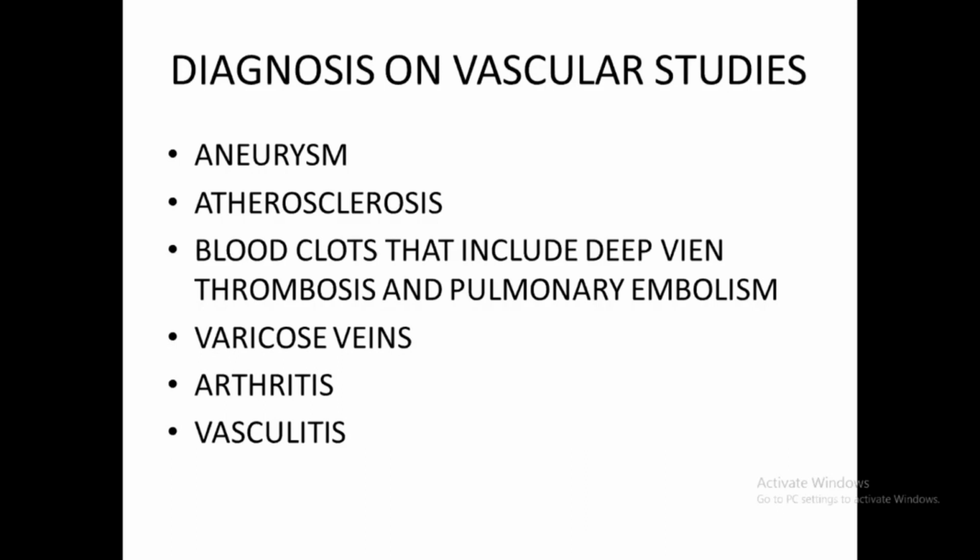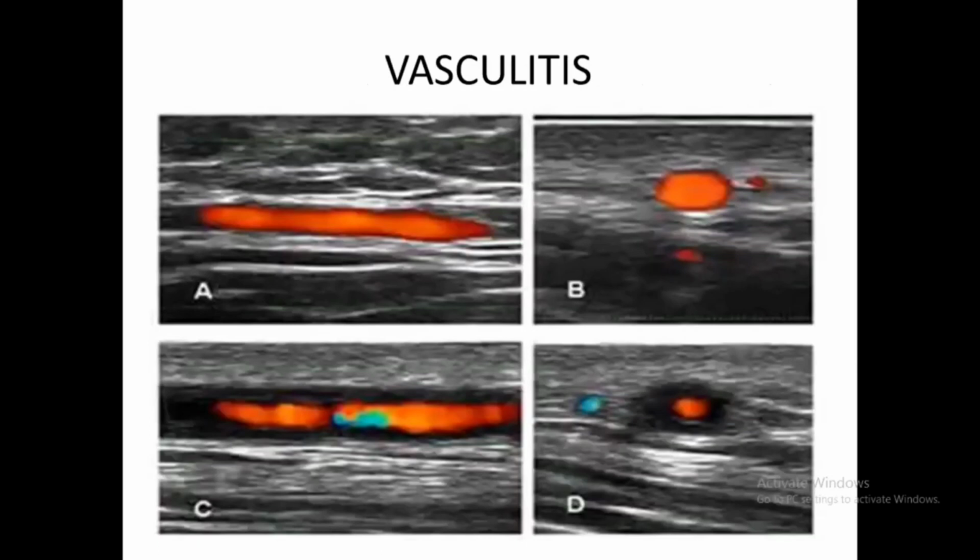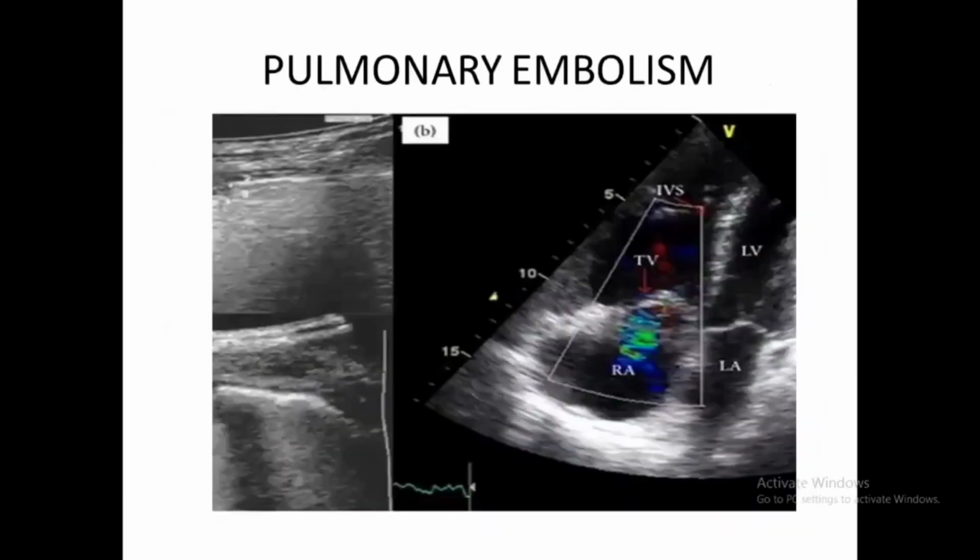So these are a few analyses on vascular studies. There are many vascular studies still under analysis, still doctors are viewing, but these are very common ones that have been undergone by physicians. So this is how vasculitis looks in an ultrasound. So this is the pulmonary embolism.